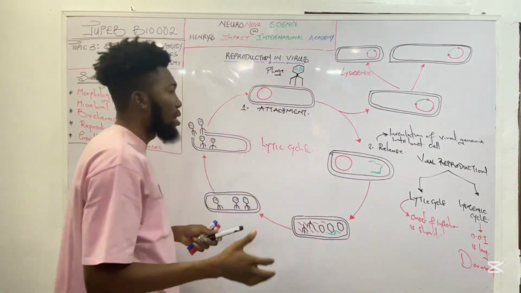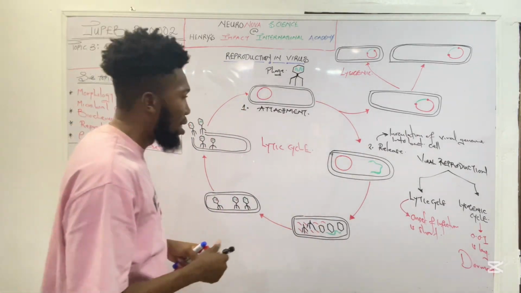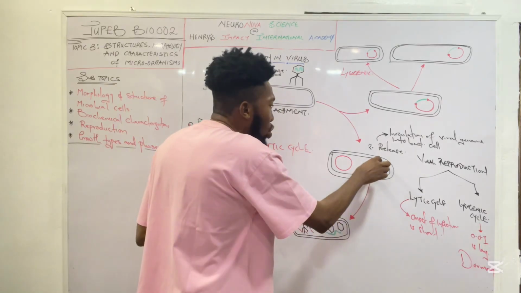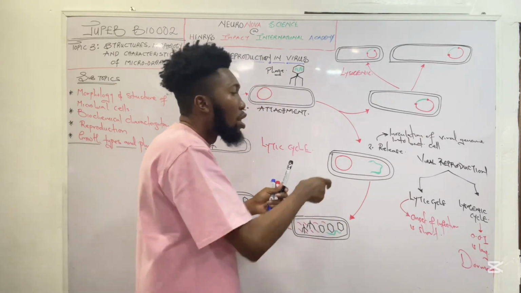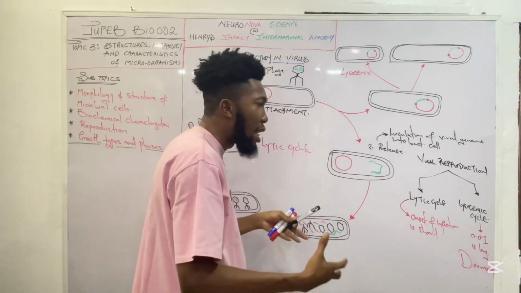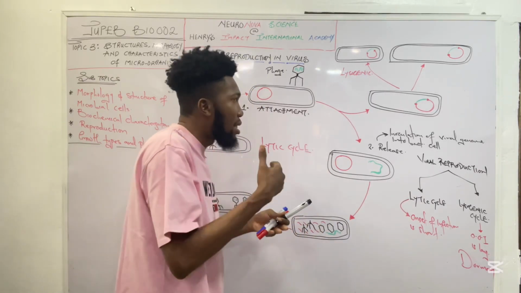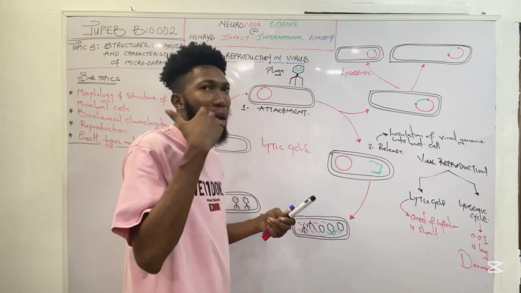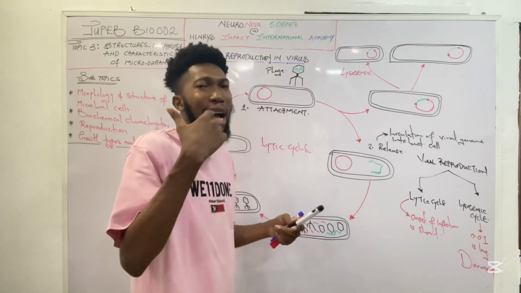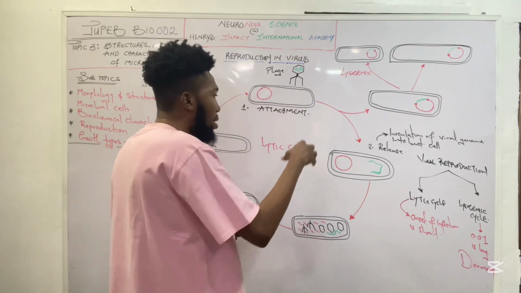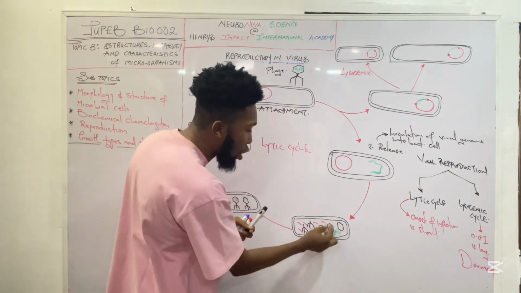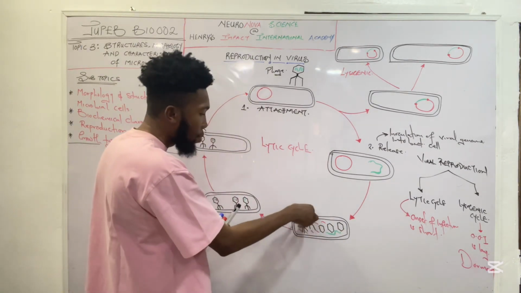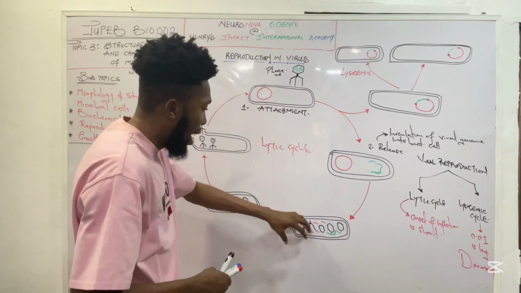Now the next series of steps are very, very important. In the next step, this viral genome will initiate the utilization of the host machinery in replicating. That is, it will enable it to initiate transcription and translation utilizing the host machinery. That's why you can see there is now aggregation of new protein coats here and the new attachment sheets.